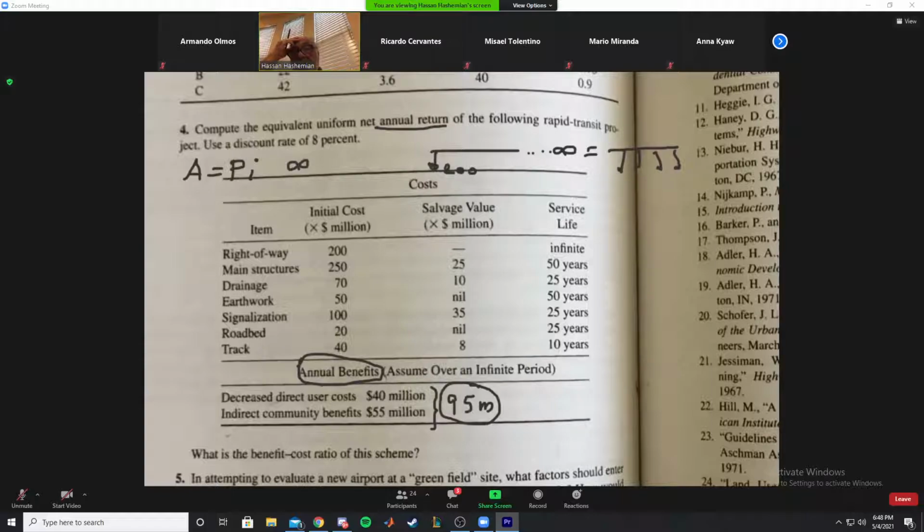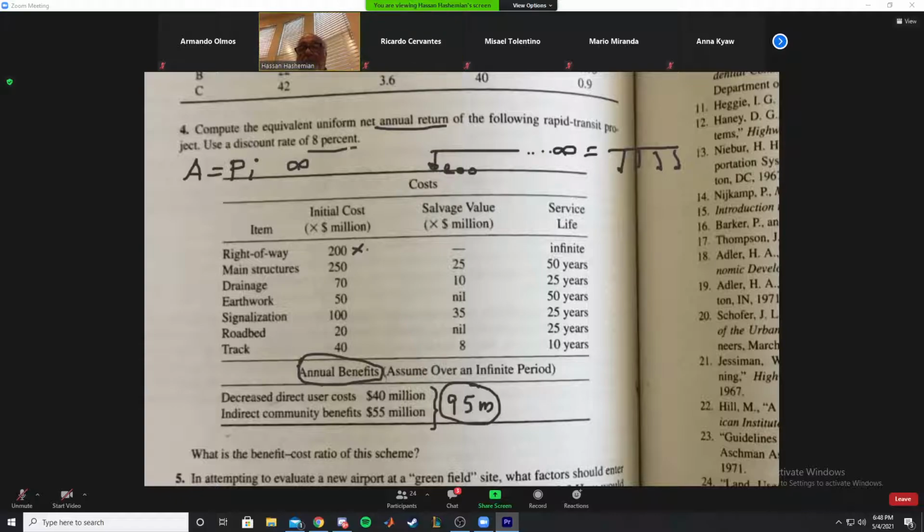So that is the formula: A equals P times i, if you have an infinite number of years, which in this case we do. To get this annual, all we have to do is multiply this by the interest rate, which is given to you at 8%.